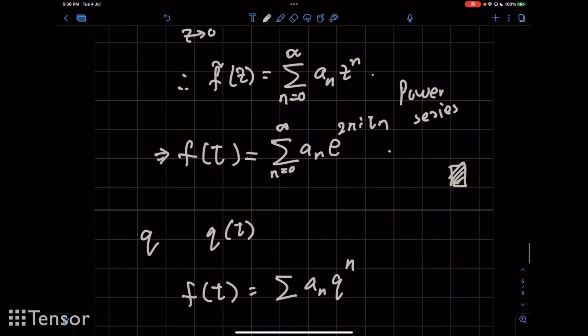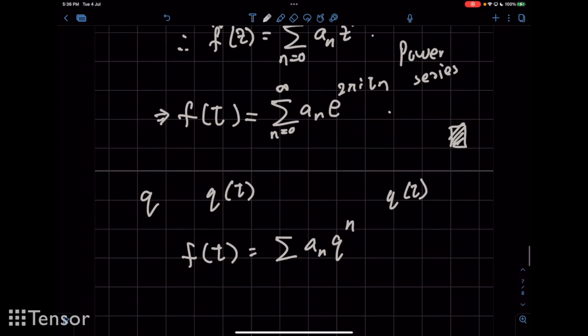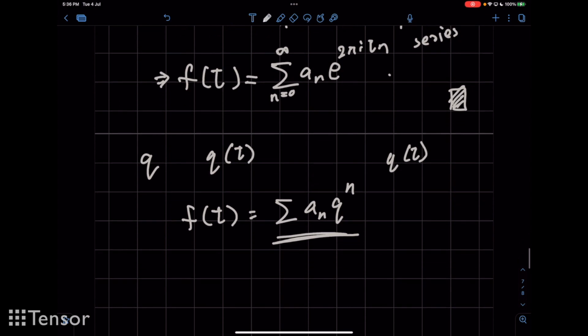Okay, because what is q? q is basically q of tau. So they write it with the same symbol. And this expansion is called the q series expansion, where q is e^(2 pi i tau).